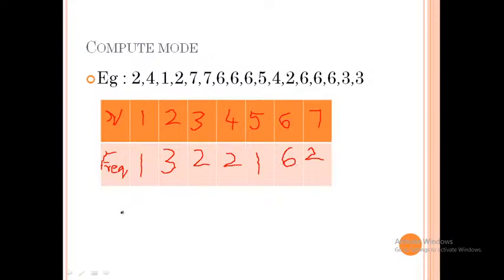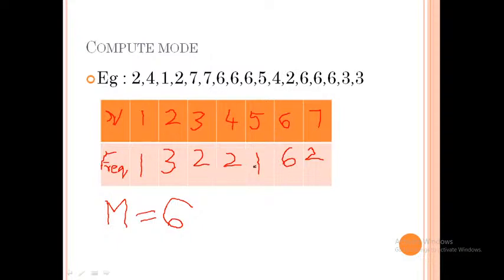So the mode is equal to 6. The answer is 6 because it is the most commonly occurring value, or the frequency is highest for 6. This is how we compute mode for this question. And in this frequency distribution table, we can see only a single variable has the maximum frequency.